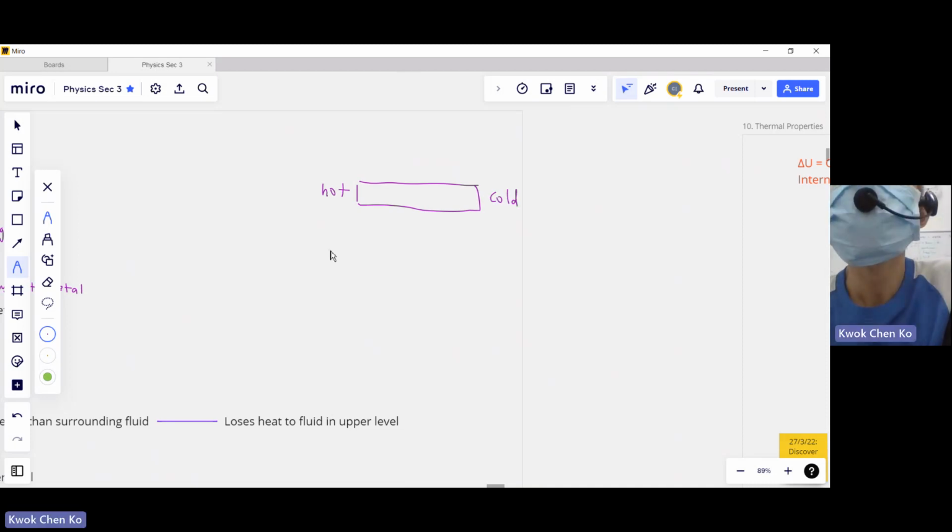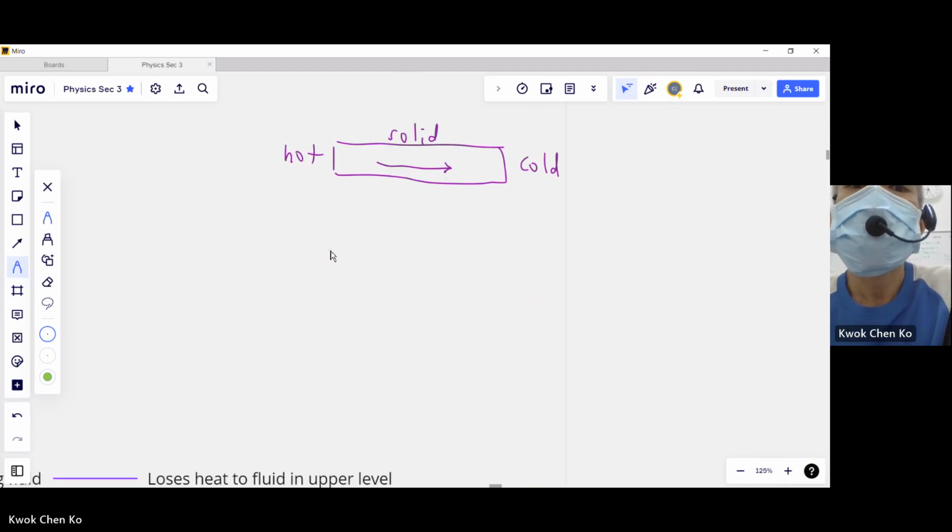Tell me, heat transfer left to right or right to left? I didn't mention this is a solid. Then what mechanism? Yes, because it's a solid. So, too easy, right? Conduction.